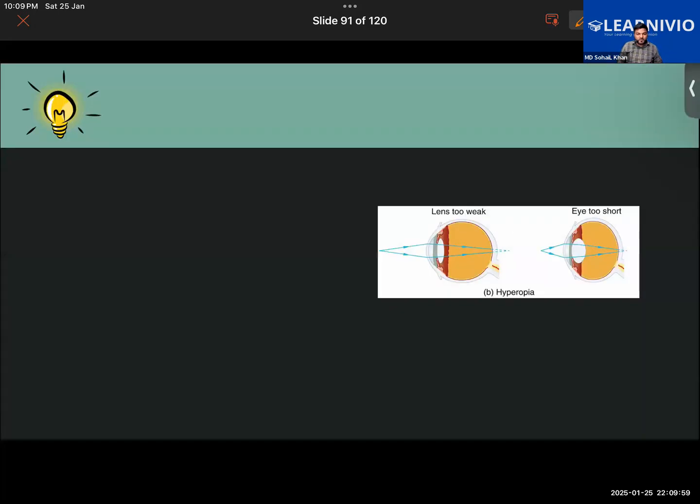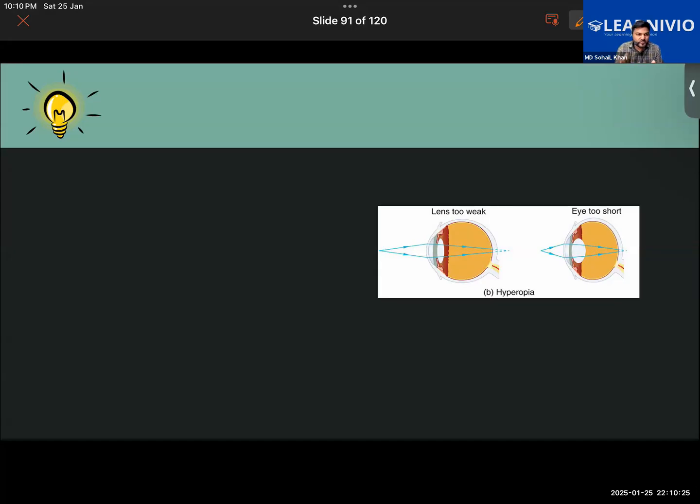What is another name for myopia? Short-sightedness or nearsightedness. Good. Then in some conditions, what happens? The eye lens can be too weak, meaning that its converging power will decrease.